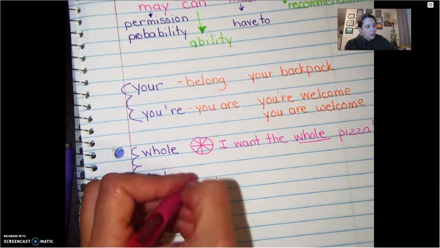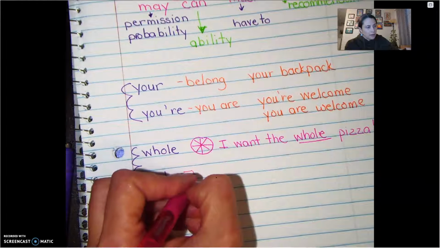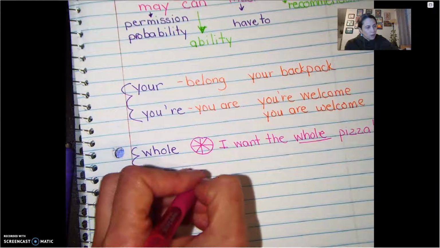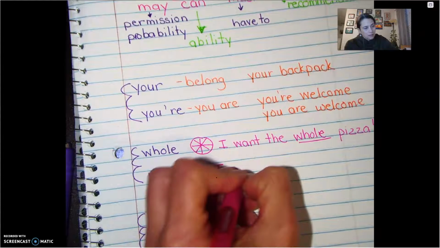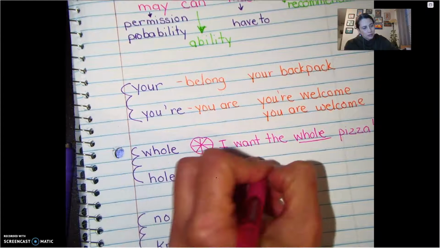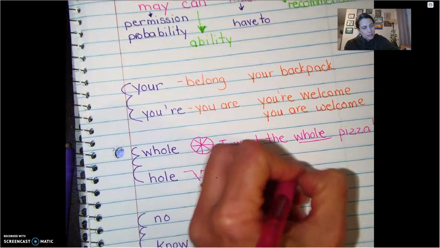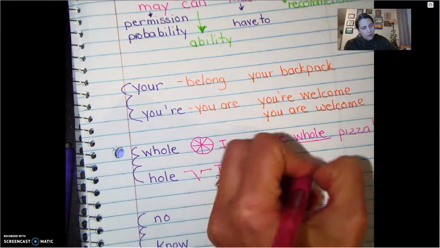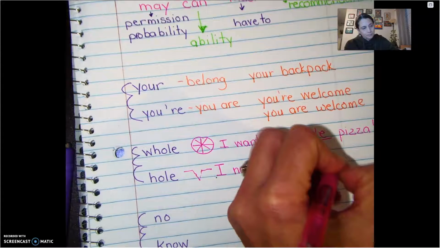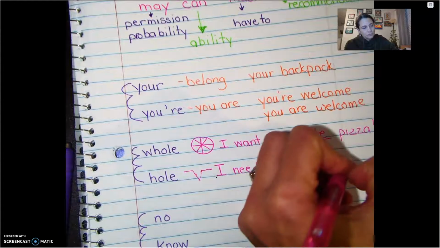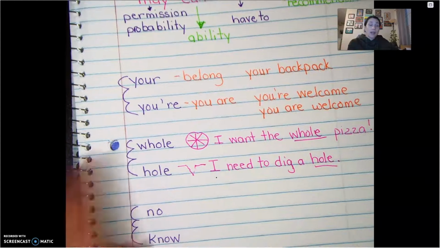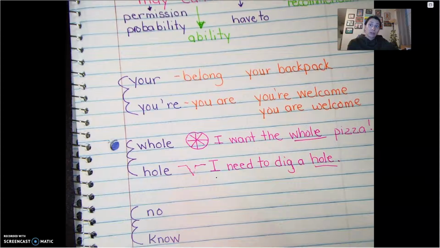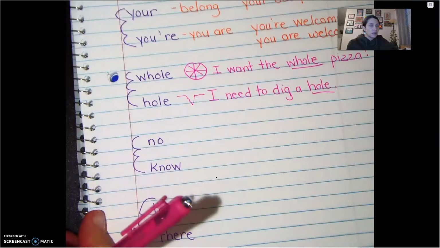This one is like the hole in the ground. So here's the ground, here's the hole. So I need to dig a hole. Okay, now a lot of these we're writing down in your notes so you can come back and look at them to see which one would make sense in each of those sentences.